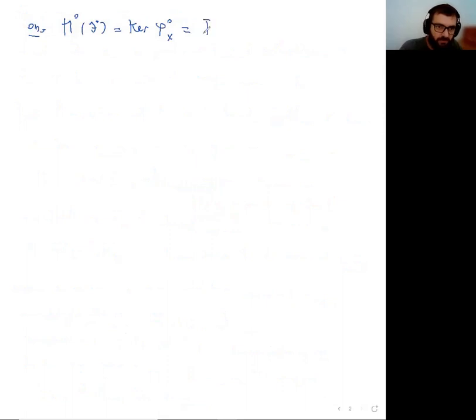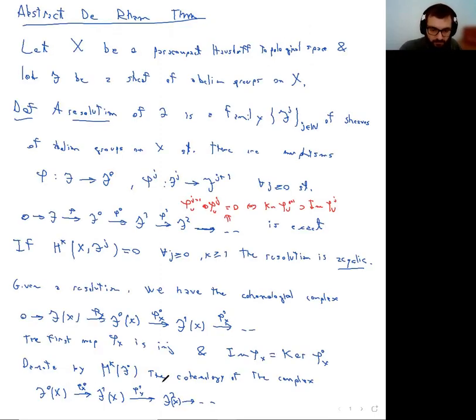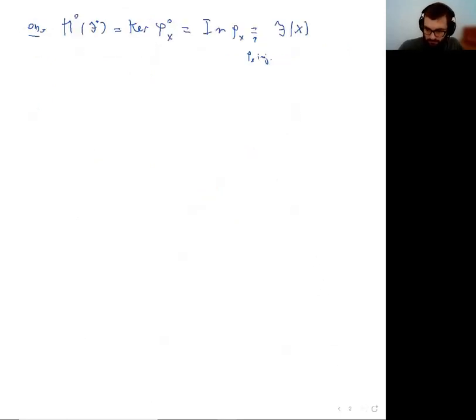So since phi X is injective, this is nothing but the global sections of the original sheaf, which we know already. It's the zeroth Čech cohomology of F. So we have this recurrent thing that every time we take a zeroth cohomology, we always get the global sections.